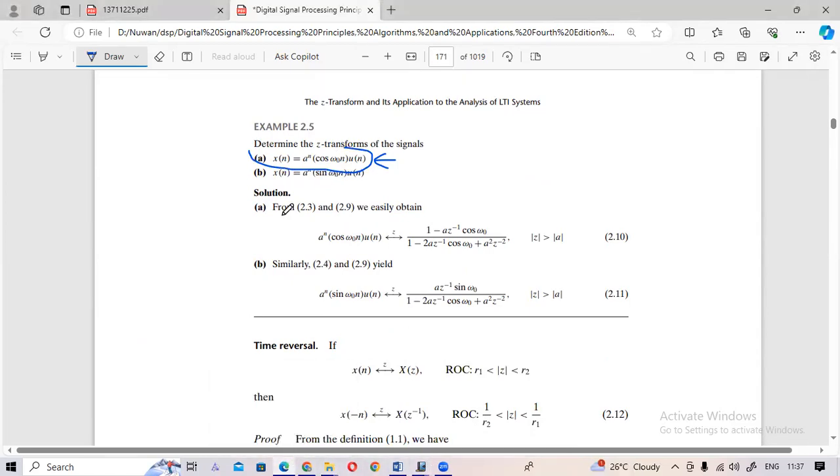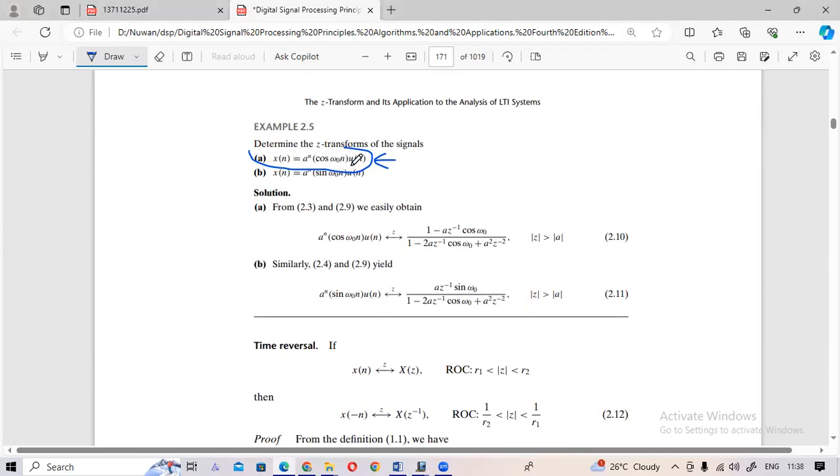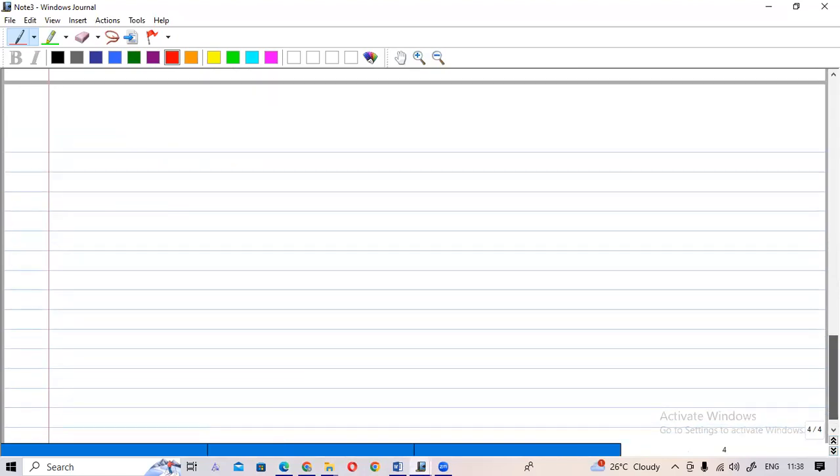Now the signal is a to the power n, cos omega naught n, u of n.